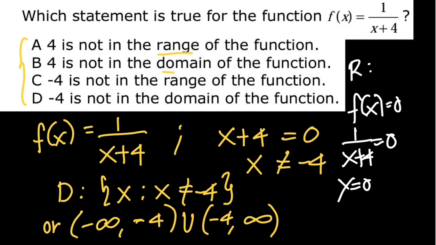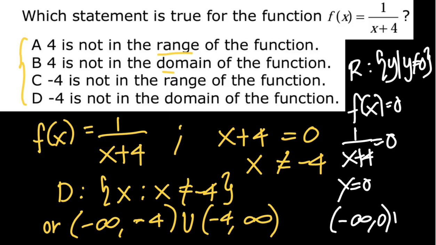Therefore, the range of the given function can take all real values except 0. That would be all values of y such that y is not equal to 0, or in interval notation, negative infinity to 0, union 0 to positive infinity.